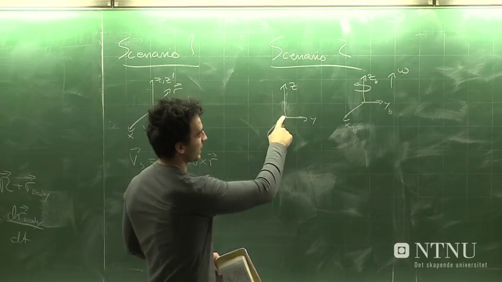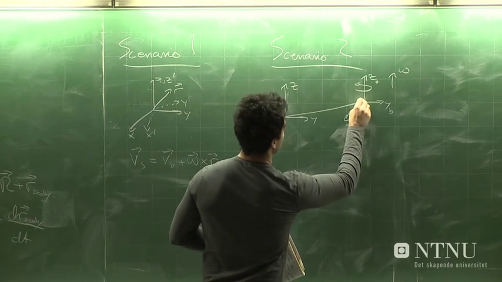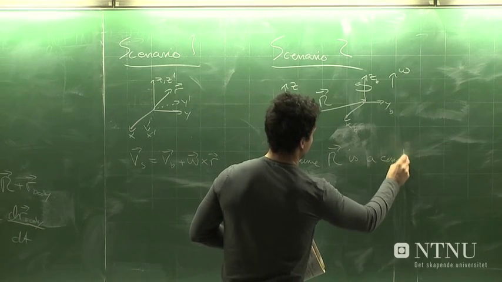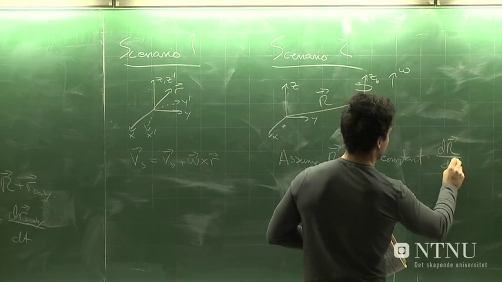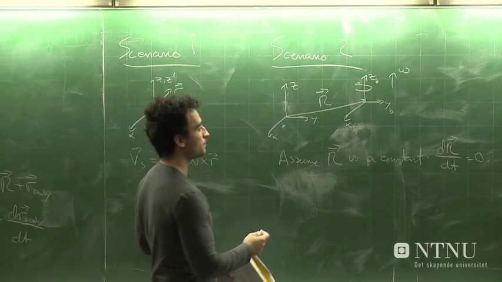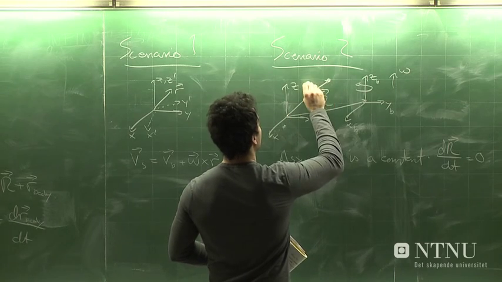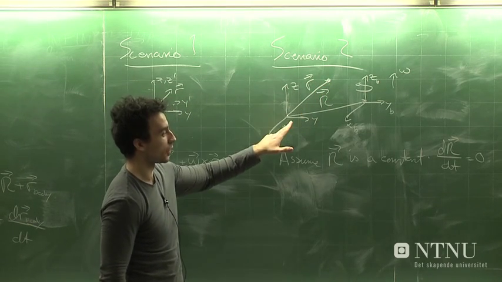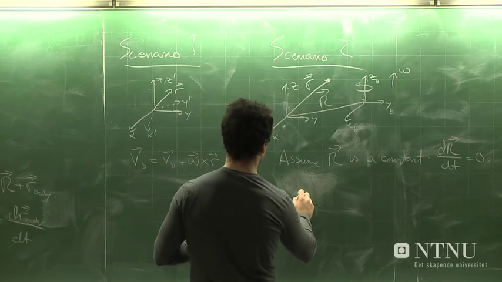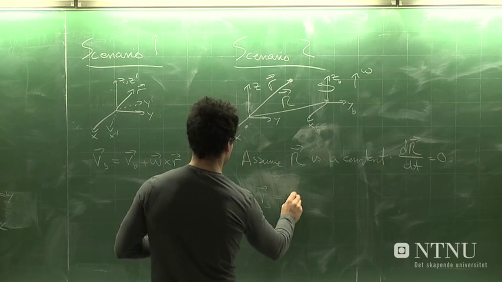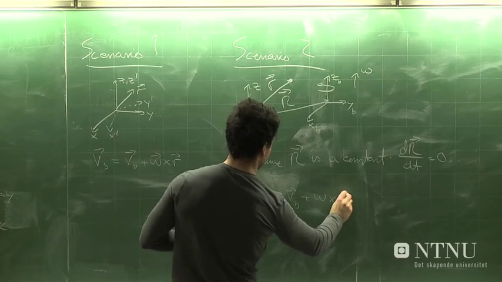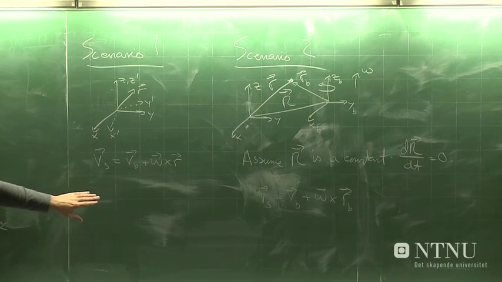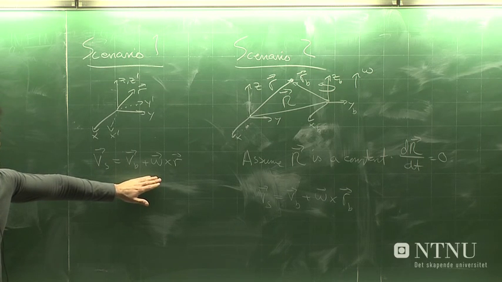If we make the assumption that this vector is constant, which means that its time derivative is equal to 0, and then again consider some object situated somewhere in space, which has the position vector r as seen from this fixed system, then we have to be careful about what the terms in this equation actually represent.